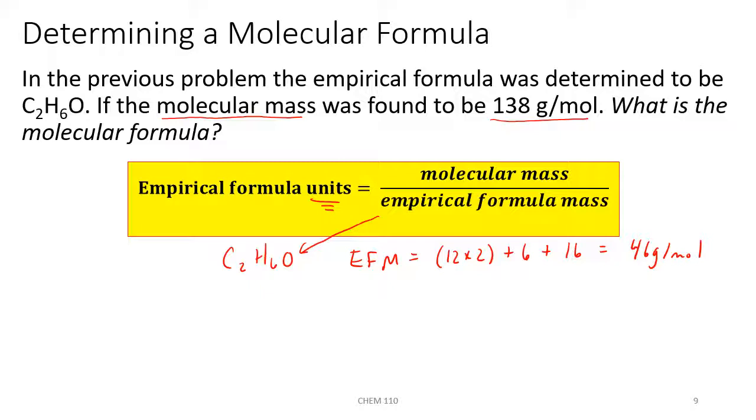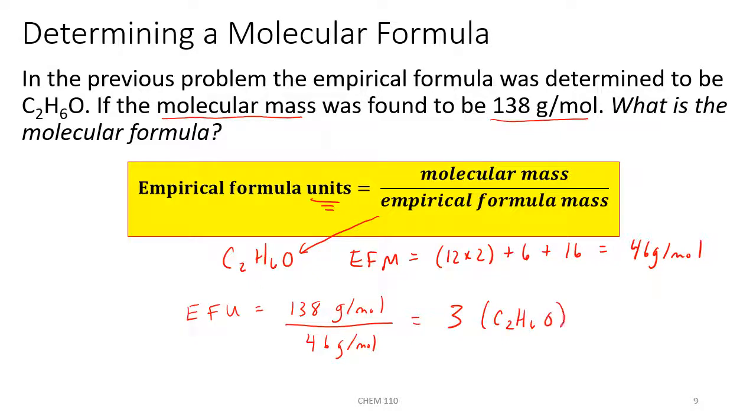Figuring out the number of empirical formula units, our molecular mass was given to us, 138 grams per mole, divided by 46 grams per mole, and that gives us 3. We need to take 3 and multiply it through by C2H6O, and that will give us our molecular formula, C6H18O3.